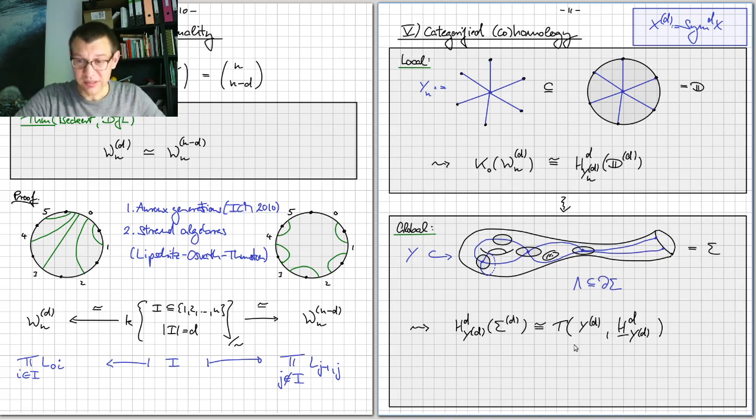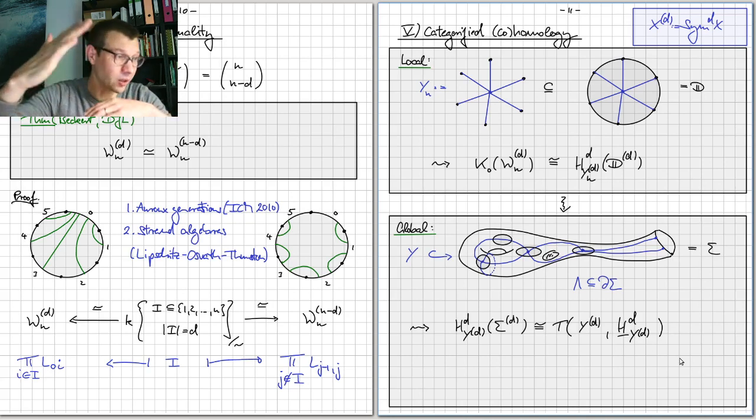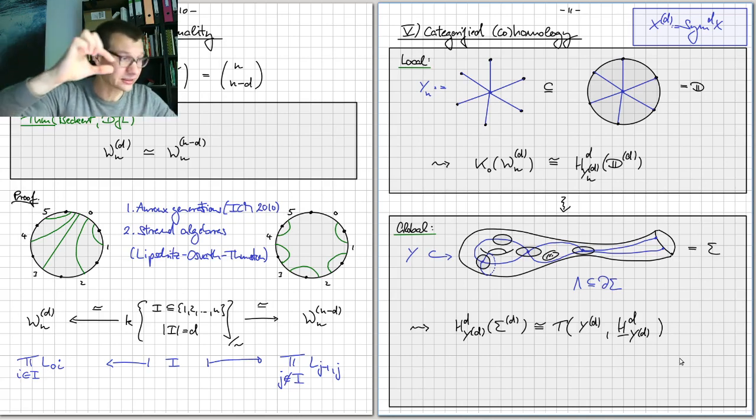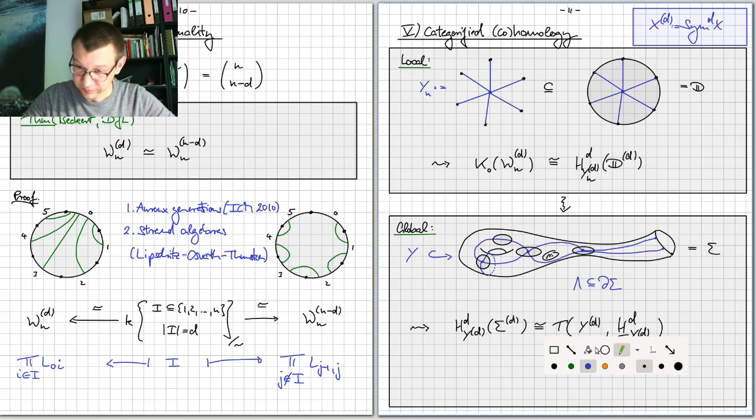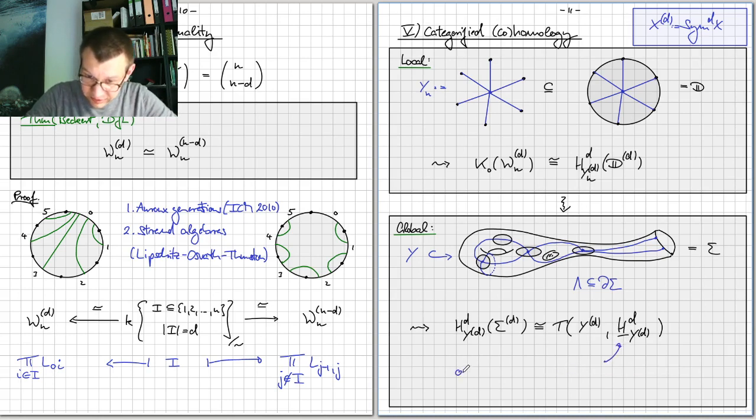And now I can compute this. The way I can compute local cohomology is I can first localize the cohomology along this graph, or the symmetric power of this graph. So that forms now a constructible sheaf. And the stalks will be built from exactly these local pieces.